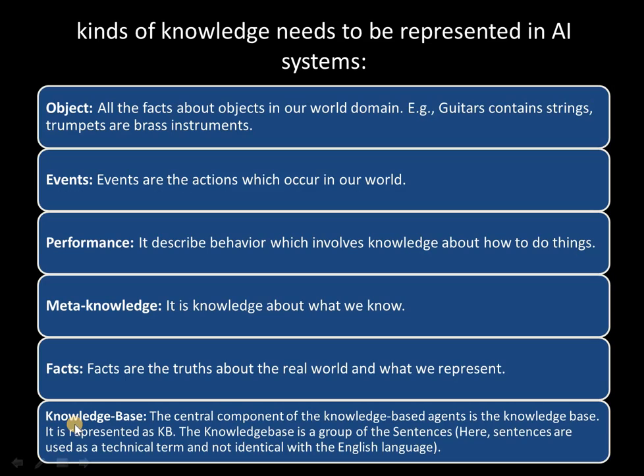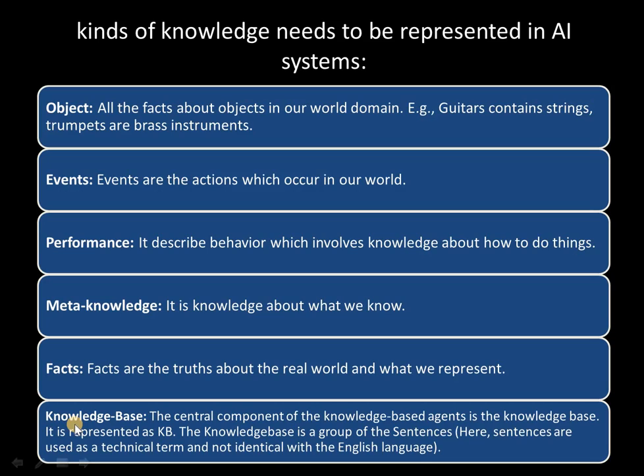And the next is the knowledge base. It is a central component of a knowledge based system. The knowledge base is a type of database, which works as a combination of knowledge, or the group of sentences that we already have. So we are adding to the knowledge base, and we are getting data from the knowledge base. So it is working as a database.